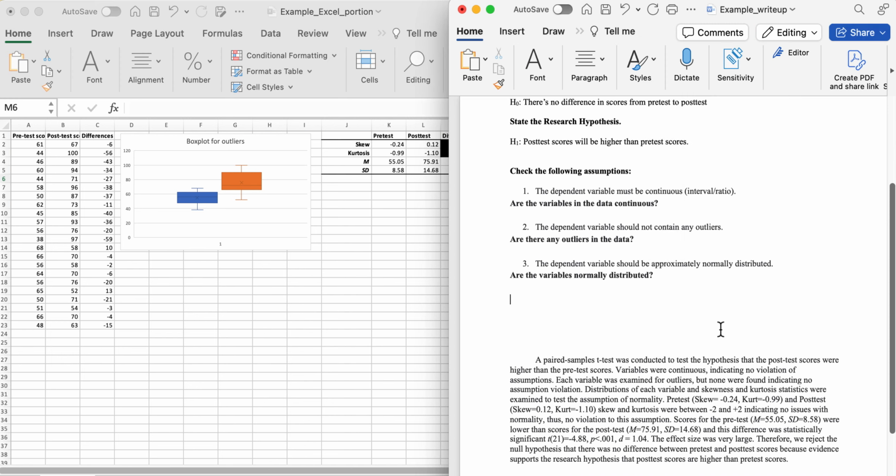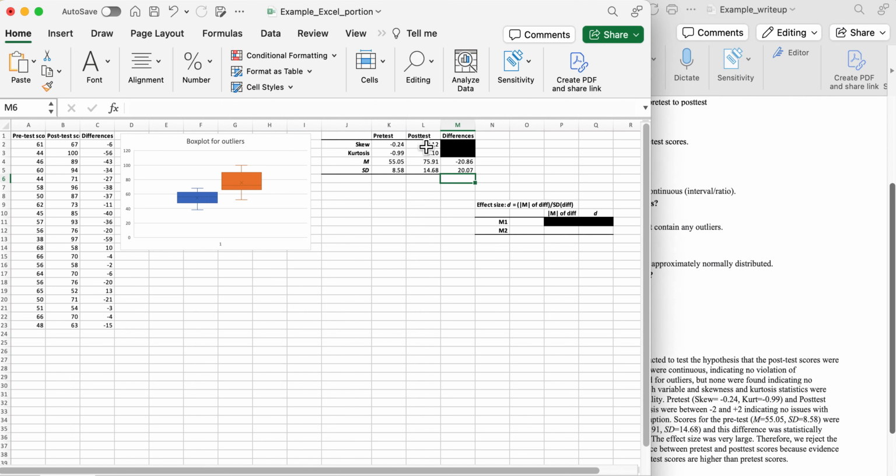But we're still in this assumption: are the variables normally distributed? So for skew and kurtosis, as long as the numbers are between plus and minus 2, so anywhere from -2 to +2, then you don't really have any problems with skew and kurtosis that we need to even consider, right?